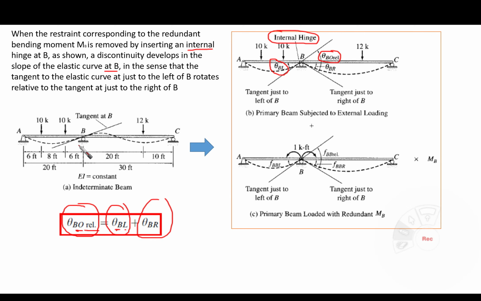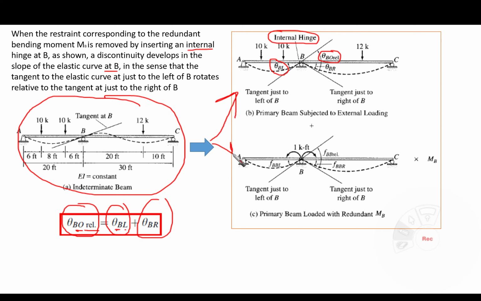Now remember that in our indeterminate beam, the slope of the elastic line was smooth, but when we introduced the internal hinge, we found that the slope is going to be discontinuous. Now let's go to the next part. We are claiming that our indeterminate beam is going to be the superposition of two systems.